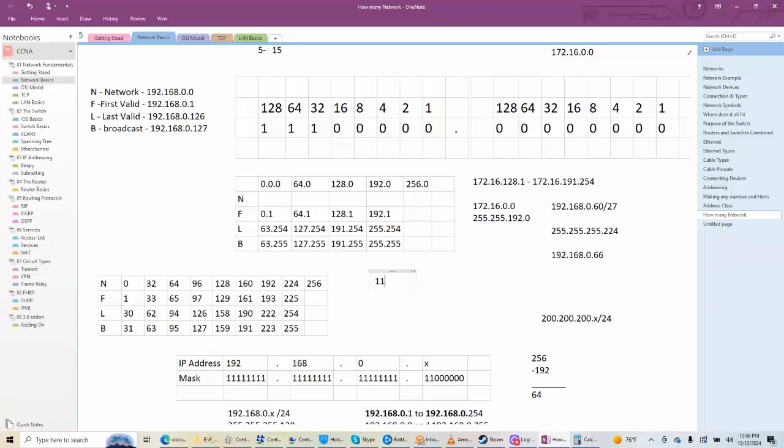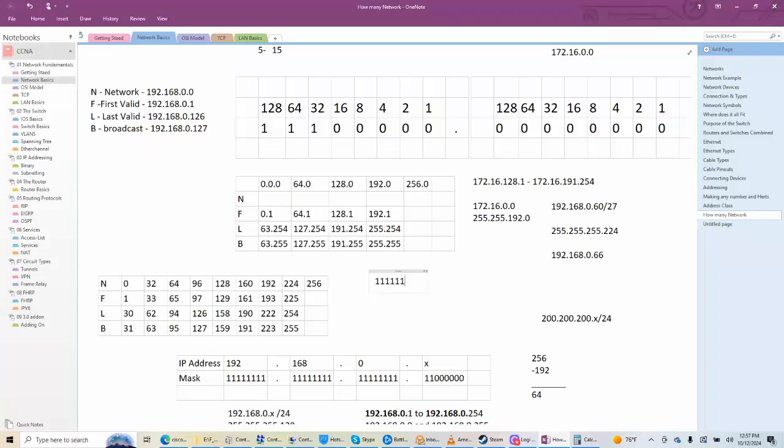By saying 2, 4, 8, 16, 32, 64, okay? 64 is going to give me the actual number. Think about it. That's going to satisfy the 50 hosts that I need.